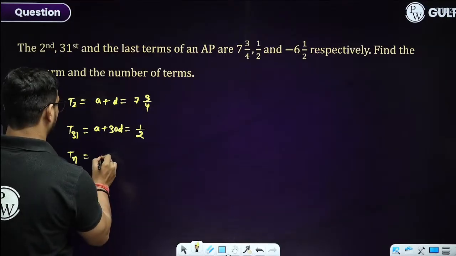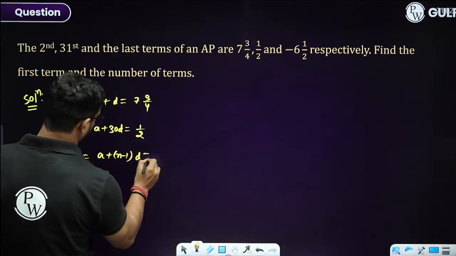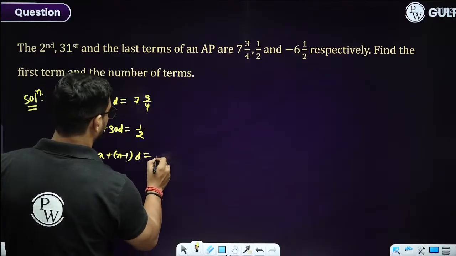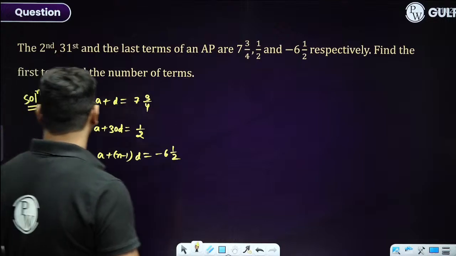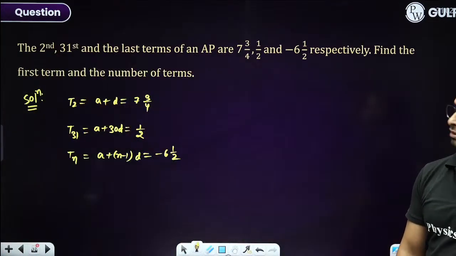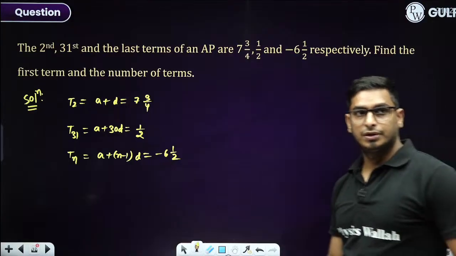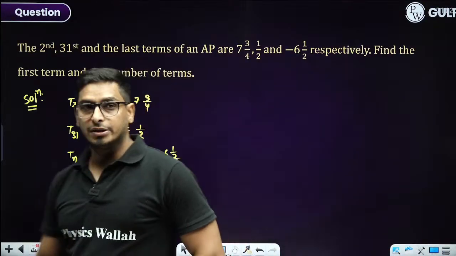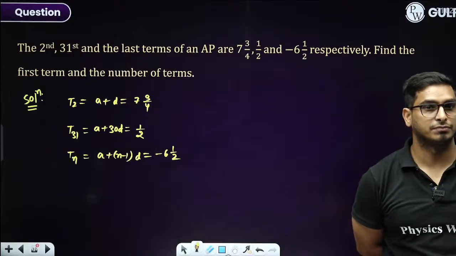The last term is a plus n minus 1 into d, and that is equal to minus 6.5. Can you solve this? We have 3 equations and 3 unknowns. Easy question. Do it and tell me the result.